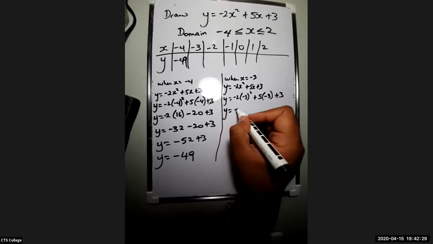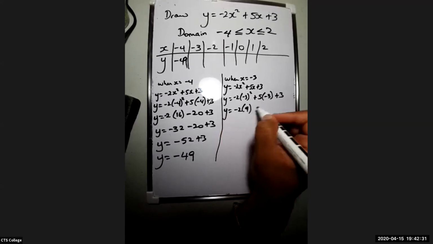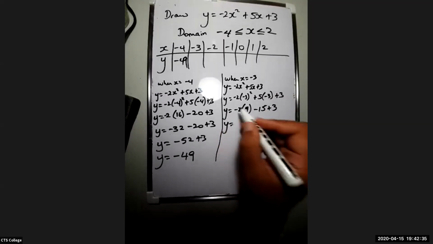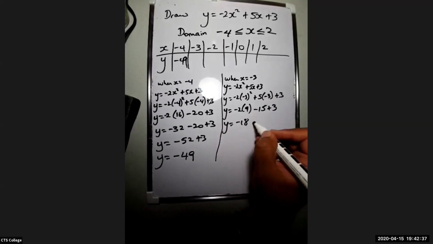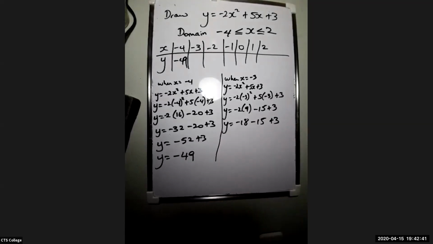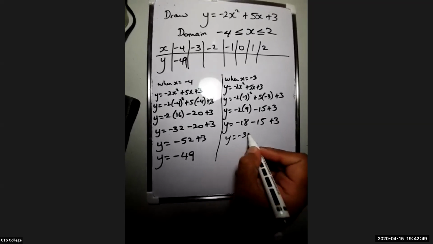Y is equal to -2 times 9 minus 15 plus 3. -18 minus 15 plus 3. Let me just double check with my calculator. -18 minus 15 plus 3, -30. Anybody got that?